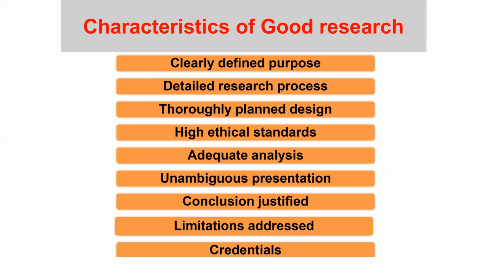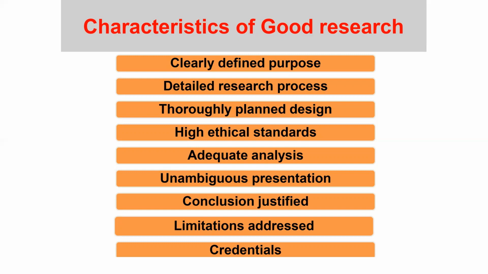You need to be very careful and write in a simpler manner, so people can easily understand what you are presenting. And conclusion justified: in chapter 5, you need to come up with the conclusion and the summary of your work in a simple manner, so we can read, understand, and not get confused.